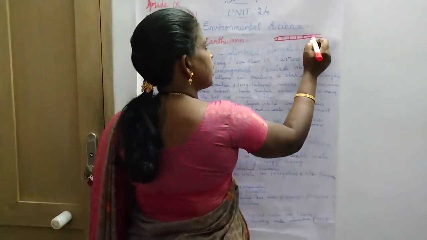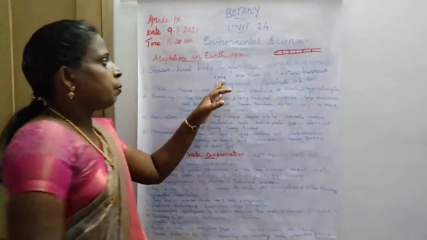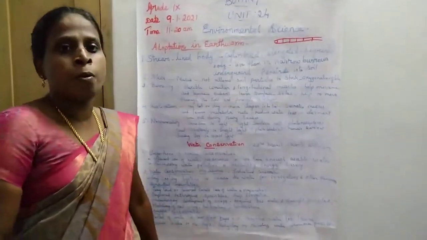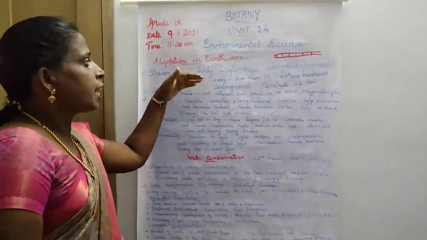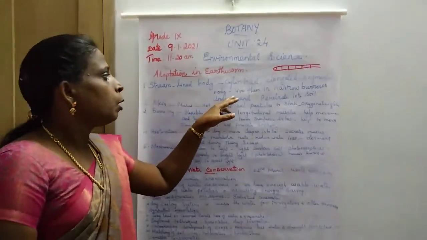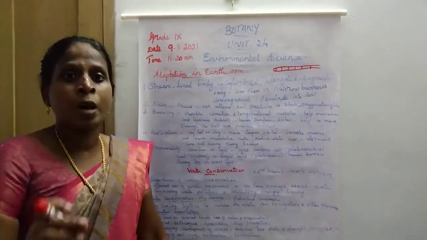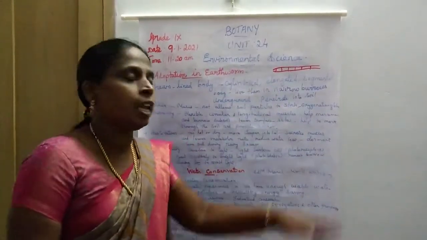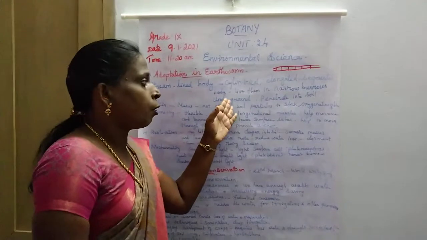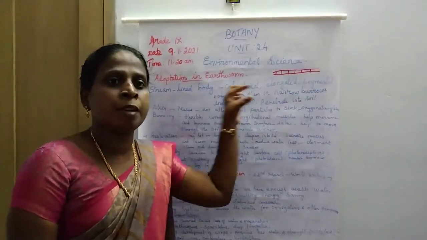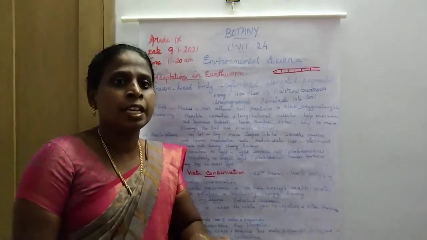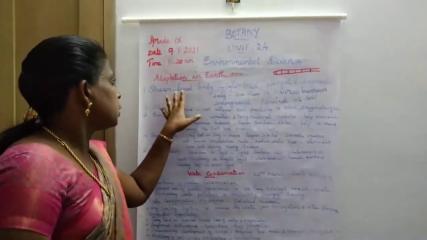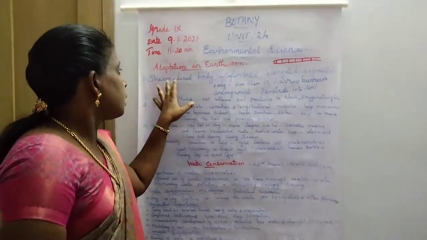How does the streamlined body help the earthworm? It helps them to live in narrow burrows underground, and it also helps them to penetrate into the soil easily. So that is the adaptation of earthworms, the streamlined body.